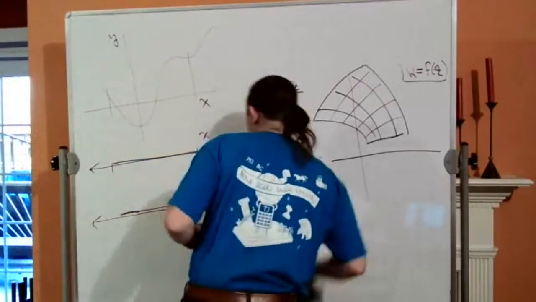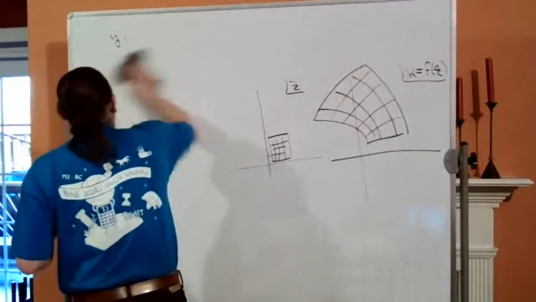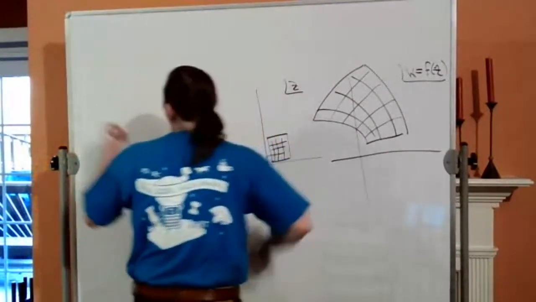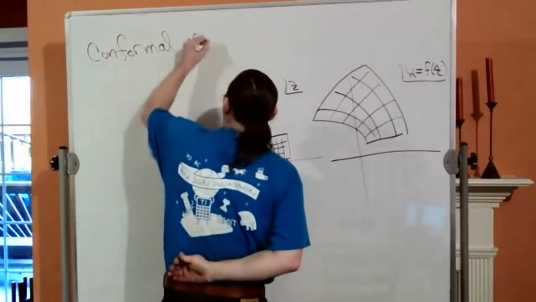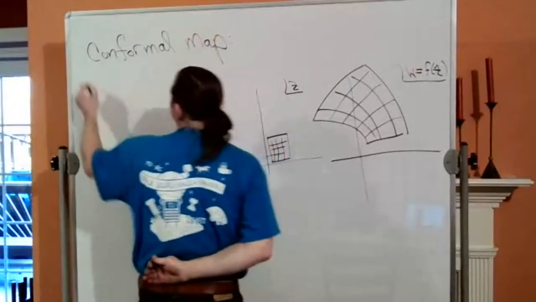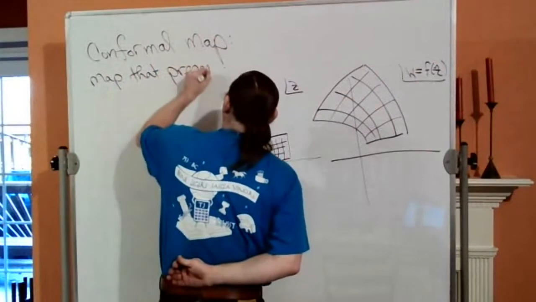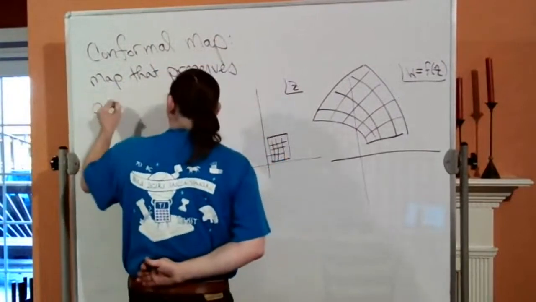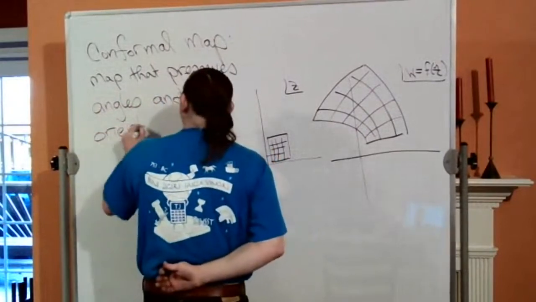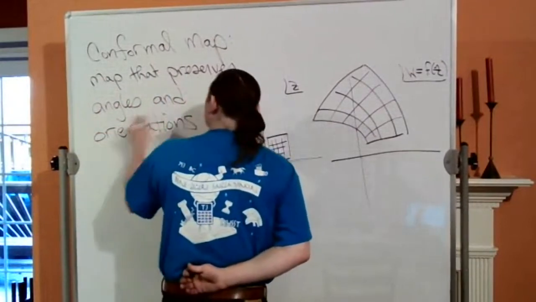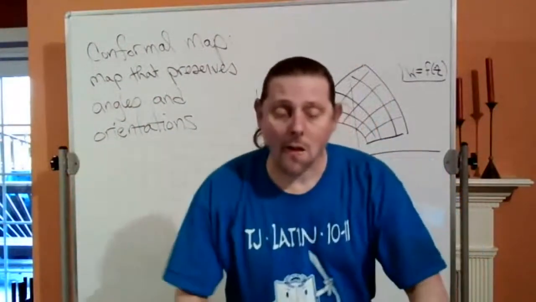A conformal map is one that preserves angles and orientations.